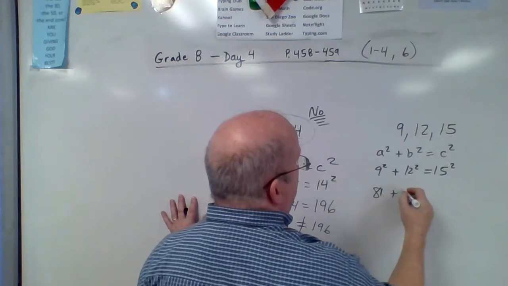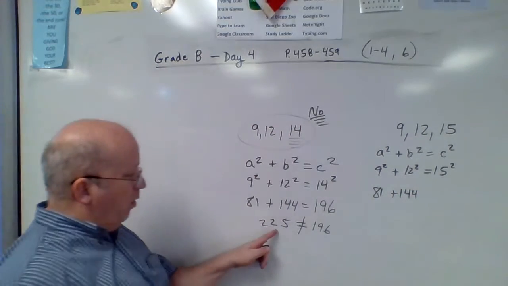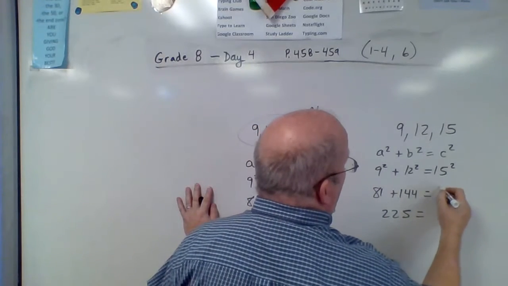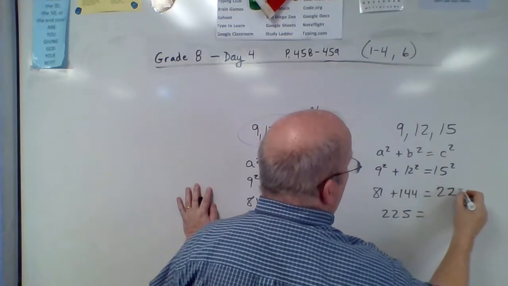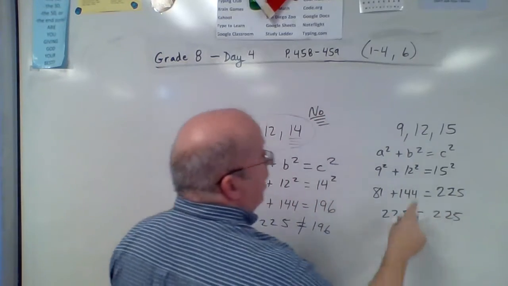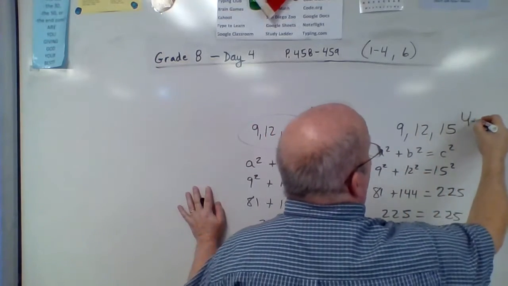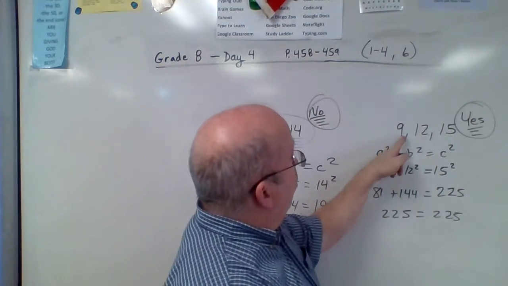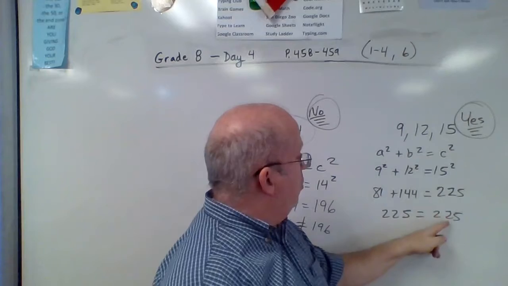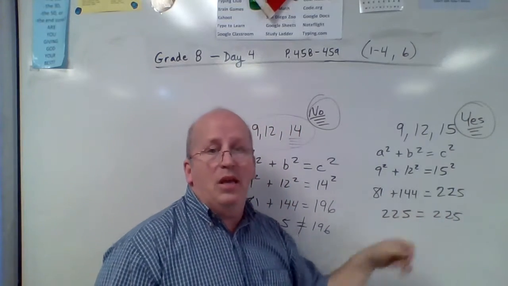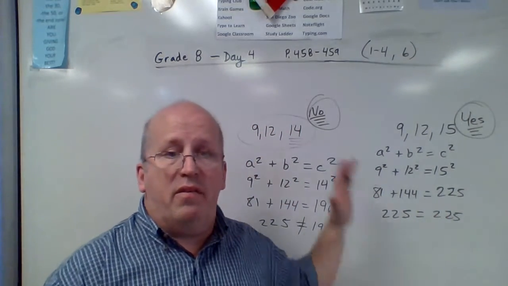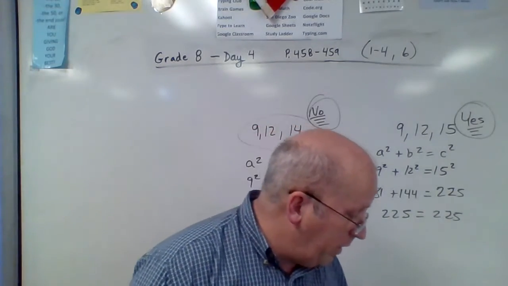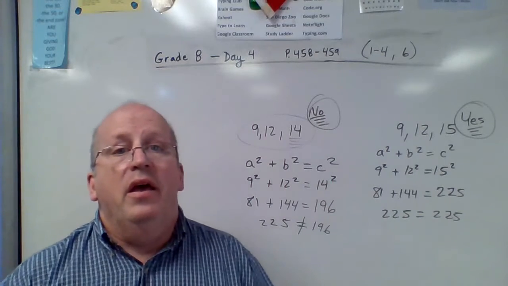We've got 81 plus 144, which we already said is equal to 225. 15 squared is, oh, hey, this is a Pythagorean triple, because when you use the Pythagorean theorem, you get the left side being equal to the right side. This is the kind of work you'll want to do for problem 6 on page 459.